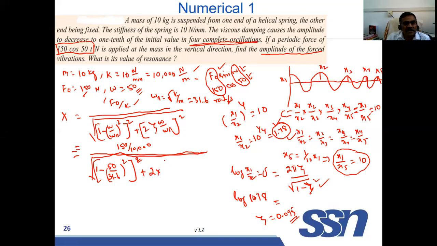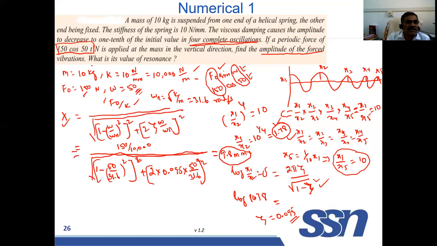What is the value of psi? Psi is equal to 0.095 multiplied by 50 divided by 31.6, the whole power 2. How much is this? You will get it in meters, you convert it to millimeters, that is 9.8 millimeters. So this is the value of x, the amplitude of vibration for omega is equal to 50.